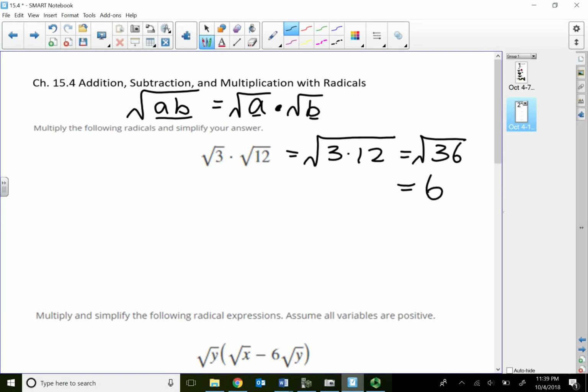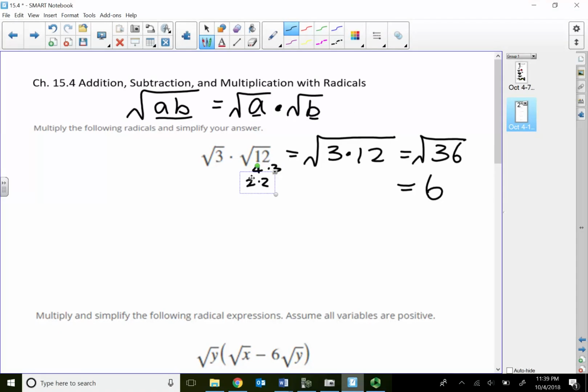Another way we can do this is without writing them all underneath the same root. We kind of do it, we just don't actually write it out. If you think about the square root of 12, this 12 is 4 times 3, and 4 itself is 2 times 2.